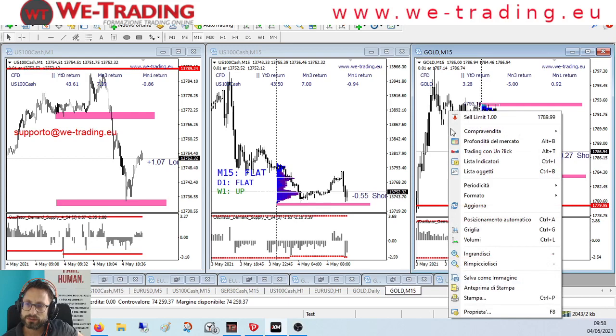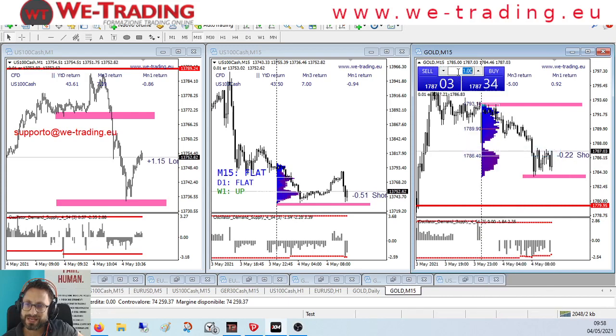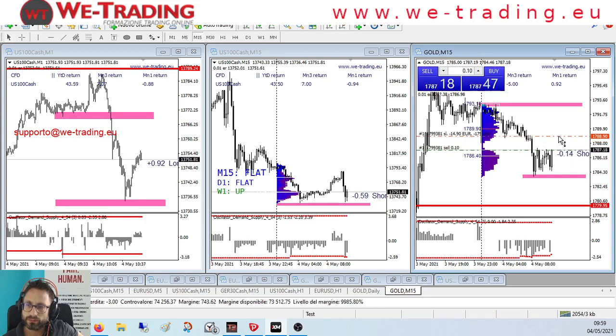So I will start to sell gold here, okay, with a stop in this previous area in long, and a take profit in the lower area near the support. I think that the short position on M15 maybe can stay in short mode.